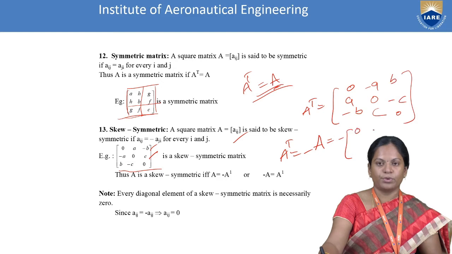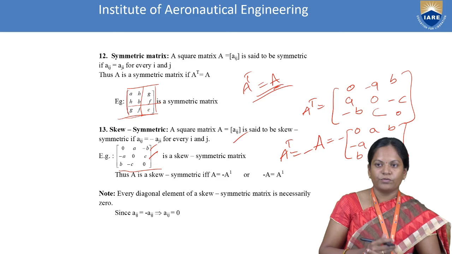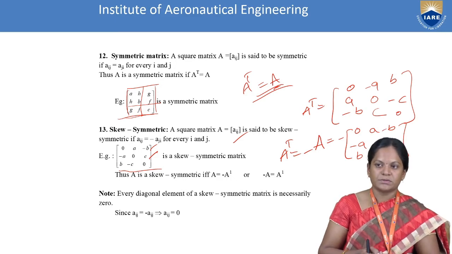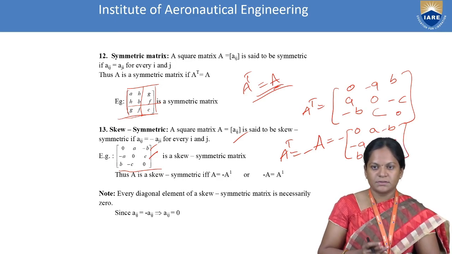Then we'll get 0 A B, minus A 0 C, and the third row is minus B, minus C, 0, which is again the given matrix. If we take minus common, we'll get minus of 0 A minus B, minus A 0 C, B minus C 0.